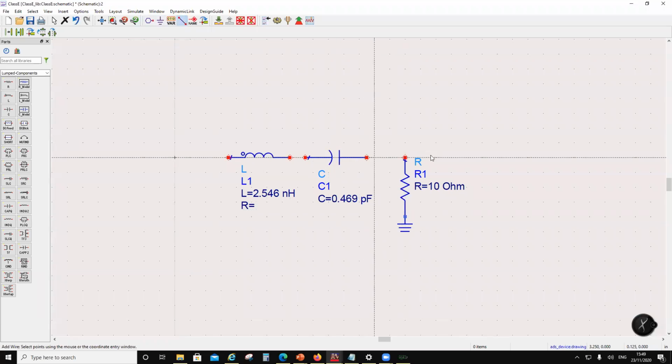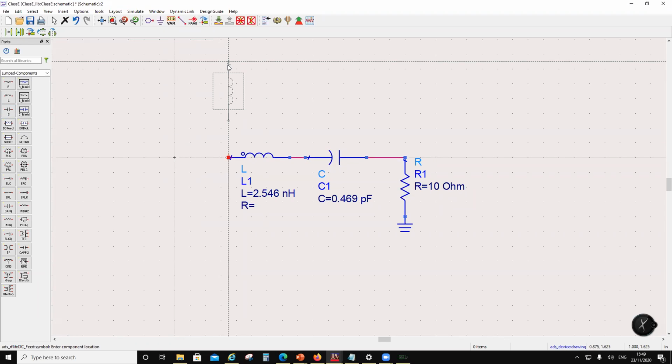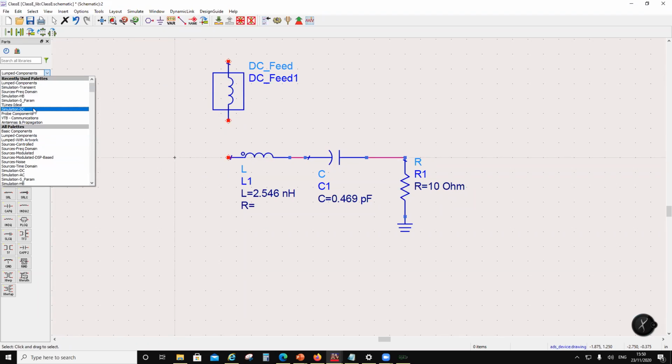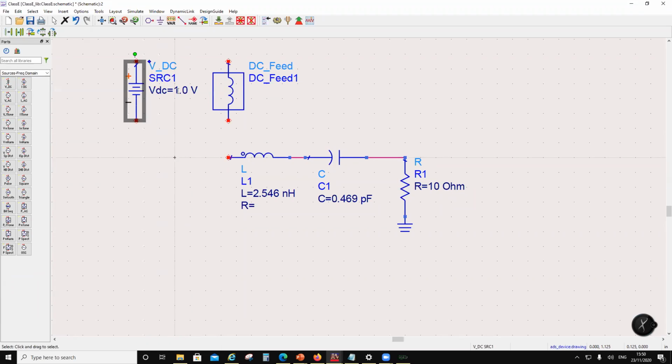And here I have a choke, where I'm going to use DC feed as a choke. I'm going to put 3 volts across it, so I'm going to go to sources, frequency domain, and put a 3 volt source here.